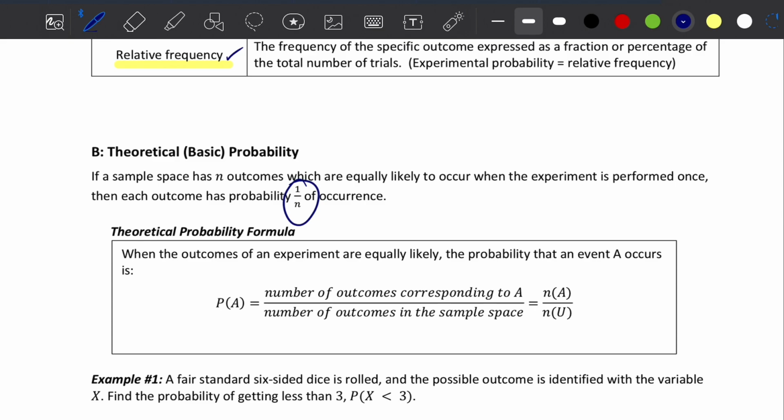That's what that probability means. To calculate the theoretical probability or basic probability, we need to use this formula. We divide the number of outcomes in event A by the total number of outcomes. Okay, and this is also included in your formula booklet.